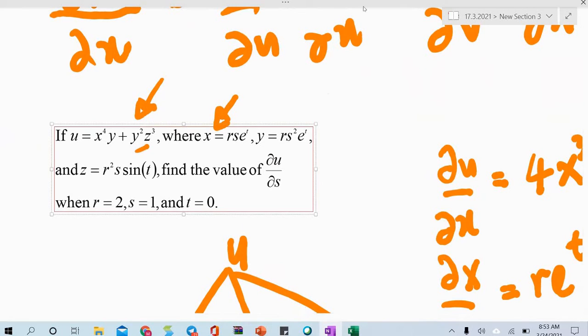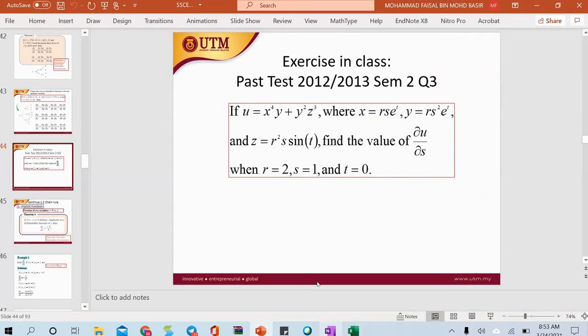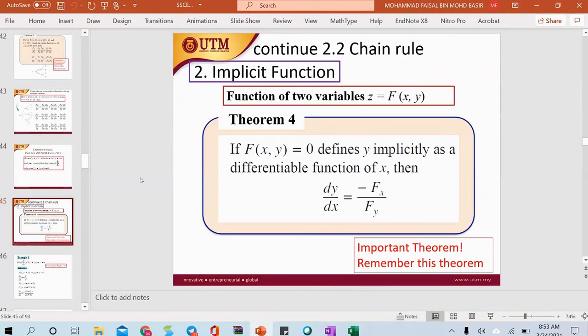Okay, others? Is it okay? So next is the implicit function. For a function of two variables z equals f(x, y), with f equal to 0 defining y implicitly as a differentiable function of x, then dy/dx will be negative fx over fy.